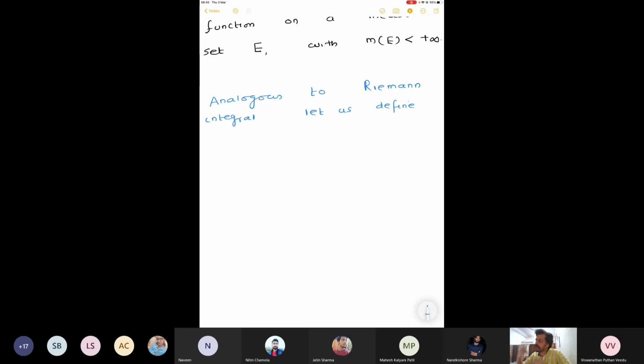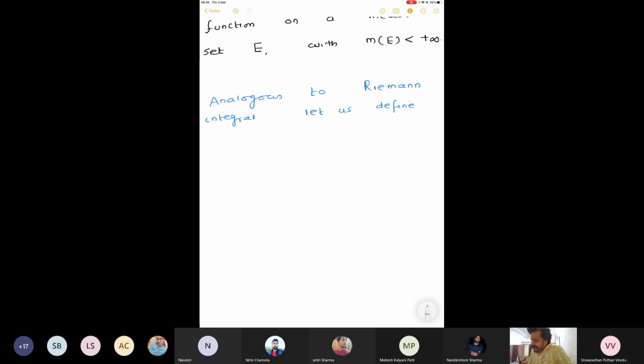Step functions below the given function, and step functions above the given function. Do you agree? Yes, sir. So you are approximating the given function by step functions which are less than the given function and step functions which are greater than the given function. Keep that in mind.